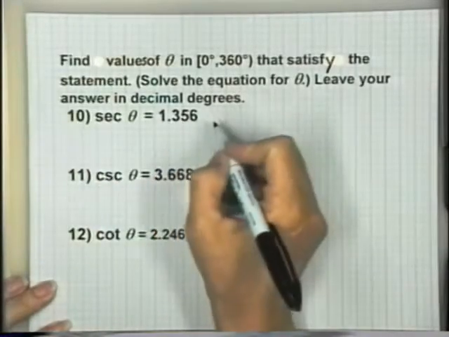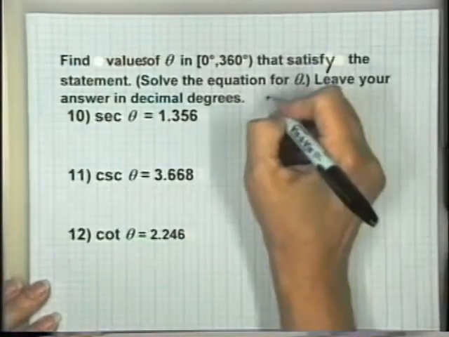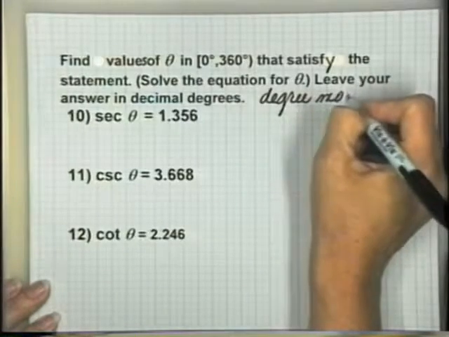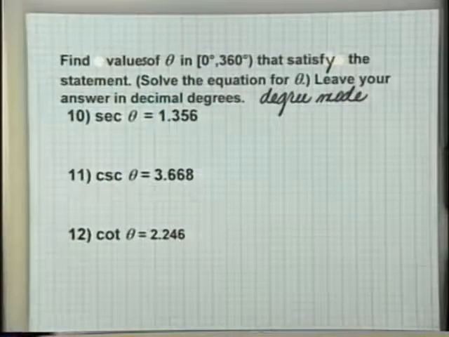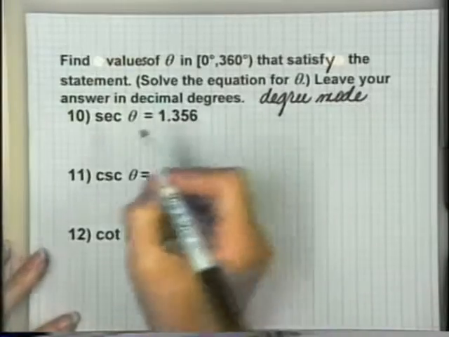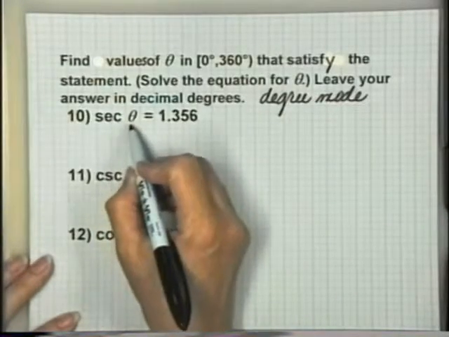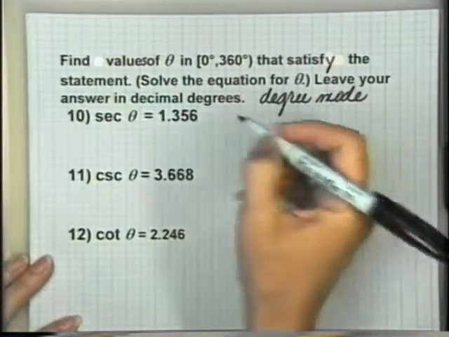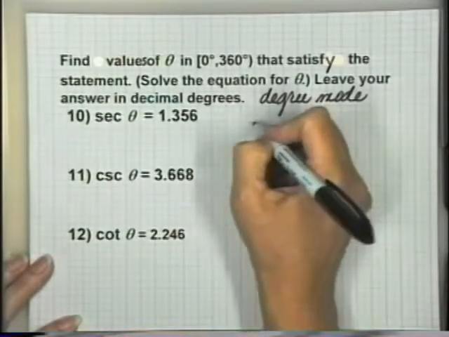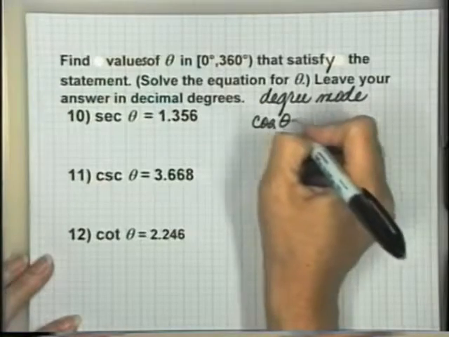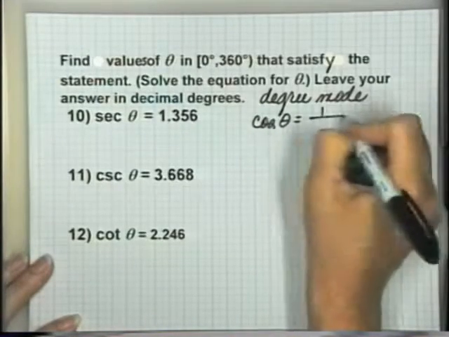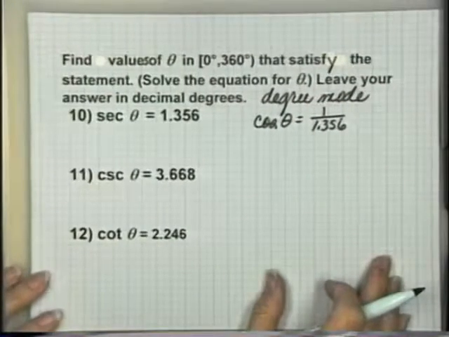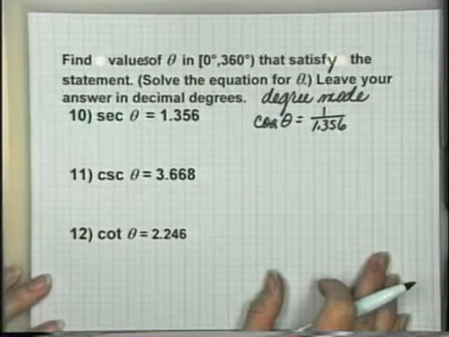And so since we're supposed to find theta in degrees, we know that we want our calculators to be in degree mode. And what we'll think here is that if the secant of theta is equal to 1.356, then we know that the reciprocal function, the cosine of theta, is equal to 1 over 1.356, or the reciprocal of 1.356.